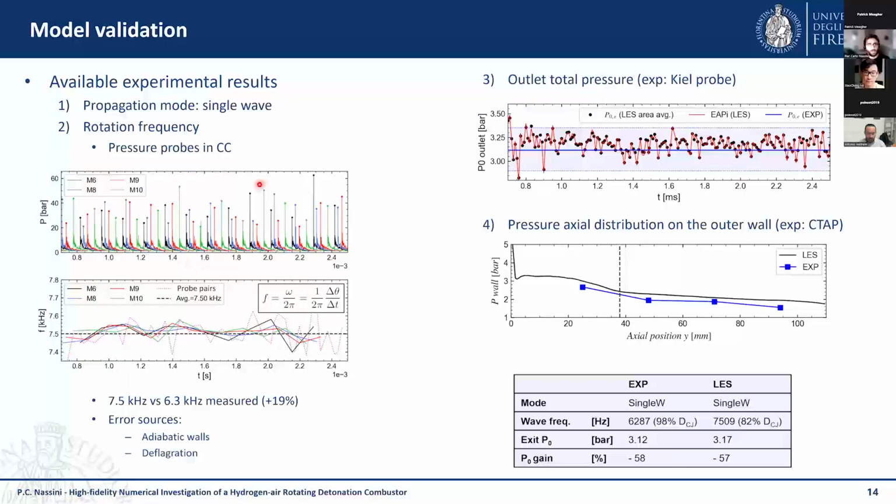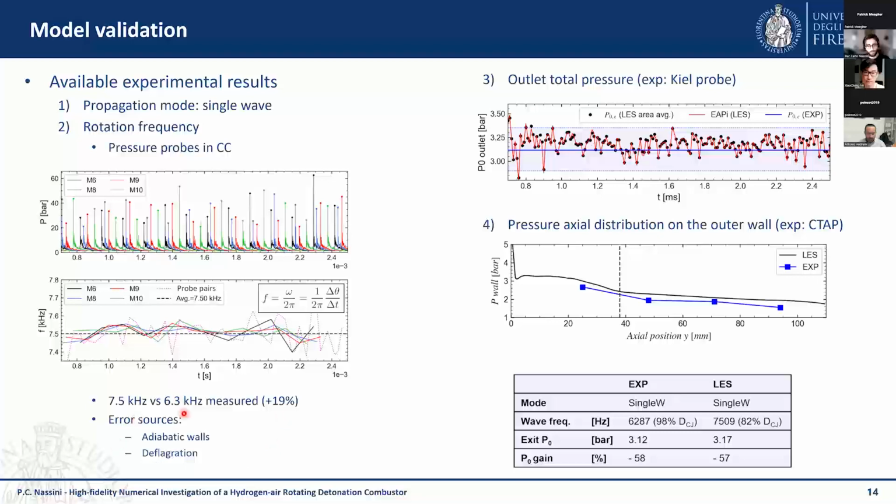And then we compared the rotation frequency inside the combustion chamber by post-processing pressure probes inside the combustion chamber. Our combustion system propagates at 7.5 kilohertz, against the 6.3 kilohertz measured during the experiments. So we are overestimating by about 20% the detonation speed inside the combustion chamber.